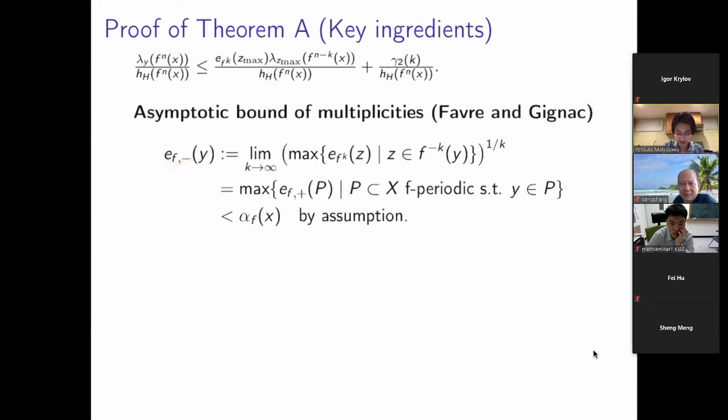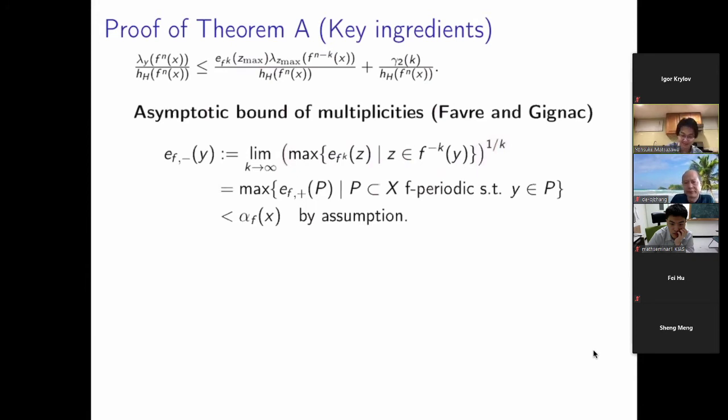So this is this limit, and let's look at this. y is our original point, and take a k-th preimage of y, so z is a preimage of y, and take the ramification, the multiplicity of f to the k at z, and take the maximum. And finally, take the k-th root of this quantity.